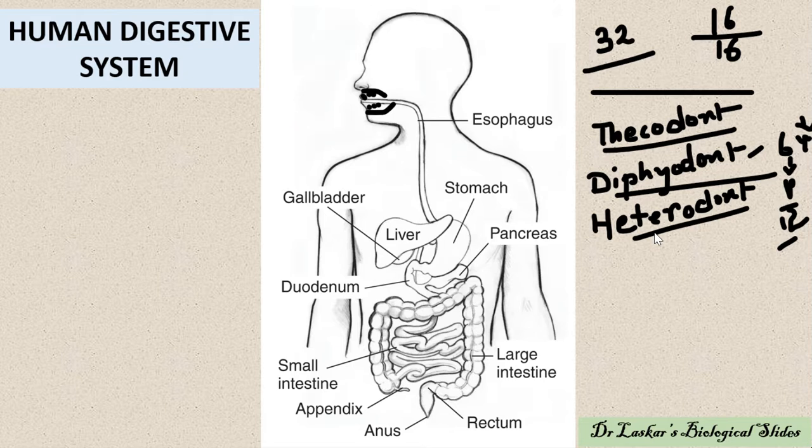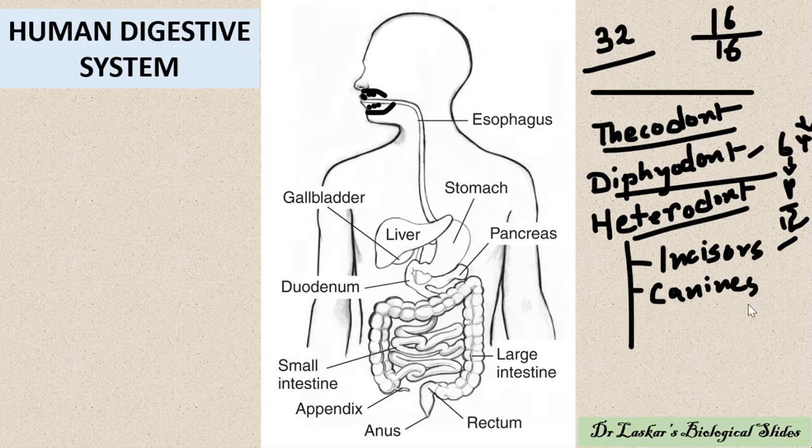These are of the following four types: incisors, canines, premolars, and molars.